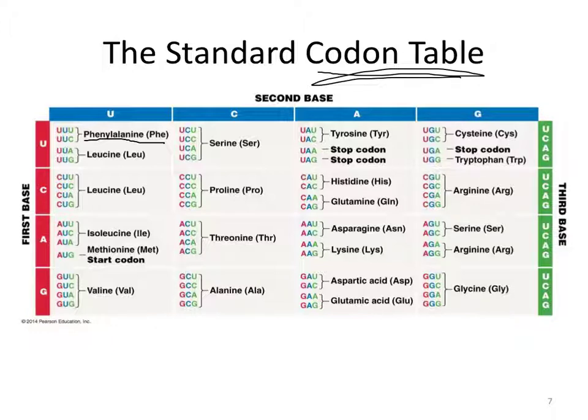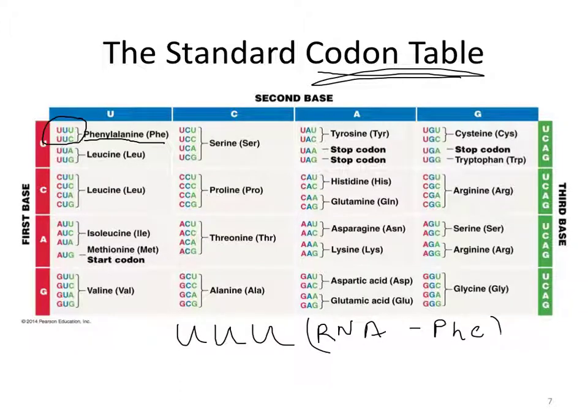There are 2 codons that represent phenylalanine, UUU and UUC. So the UUU is the RNA codon for phenylalanine. It is derived from a DNA codon that was AAA.